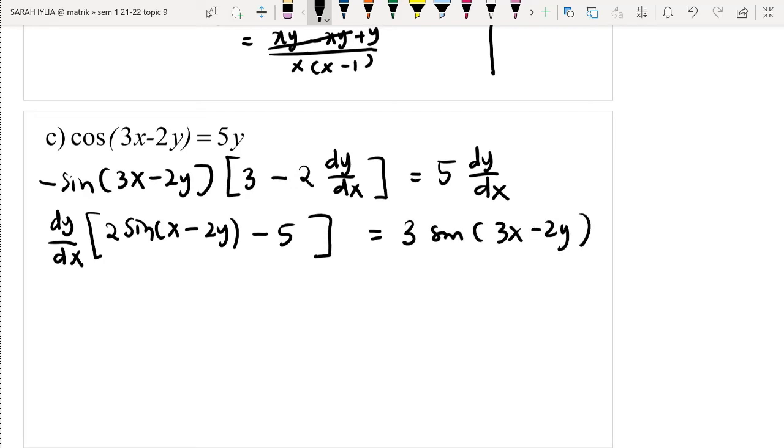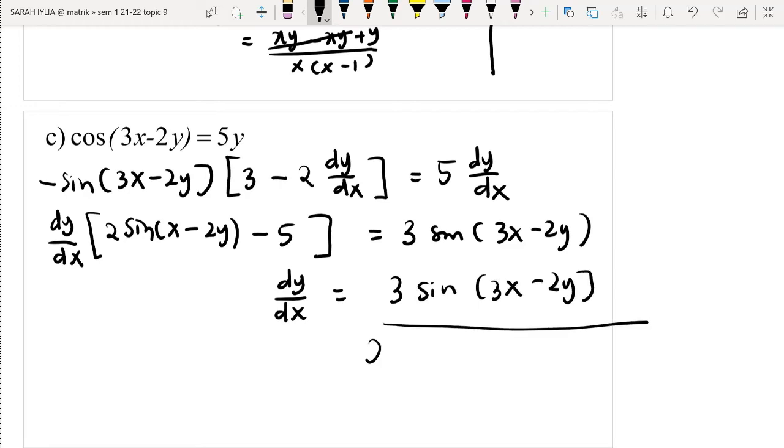So finally, rearrange to make dy dx our main term. We will get 3 sine of 3x minus 2y divided by 2 sine of 3x minus 2y minus 5. Okay. Settled.